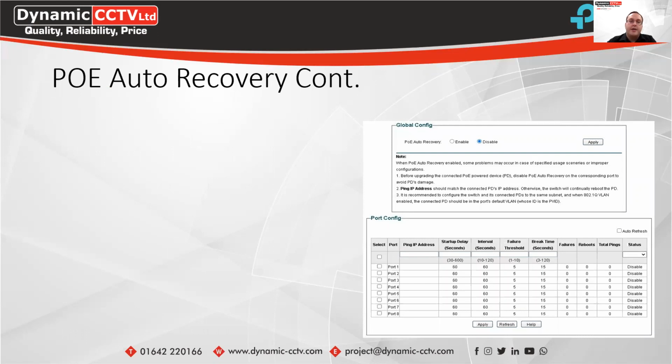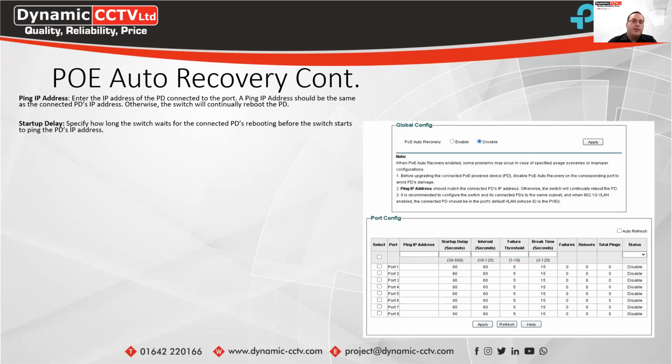So these are the configuration pages of where PoE Auto Recovery is set. The units will ping the IP address of the device that's connected to the port. You can also set a startup delay to specify how long the switch waits before it tries to reboot that PD. You can also set the time in which it will send the ping packets to the cameras or another IP device that you connect into the switch.